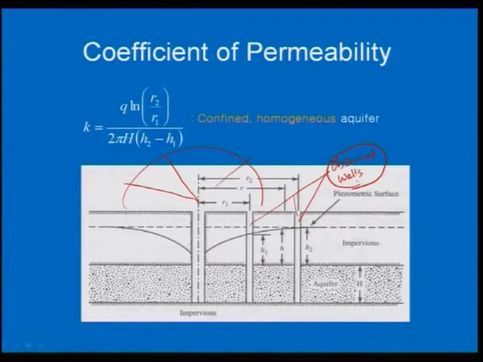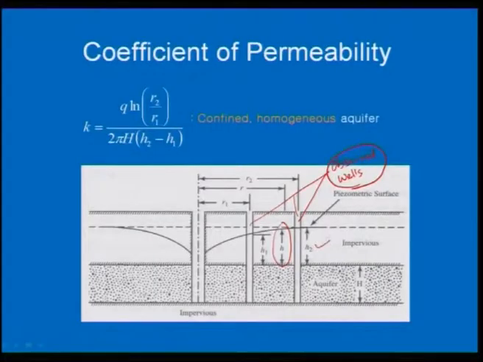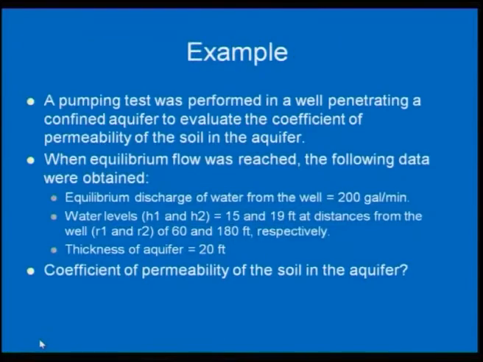So, R is where your piezometric head is, the radial distance from where the piezometric surface water level is, and H2 minus H1 is the head difference between the two observed wells. H2 is the head in the second observed well, H1 is the first observed well. From this you can find the coefficient of permeability.